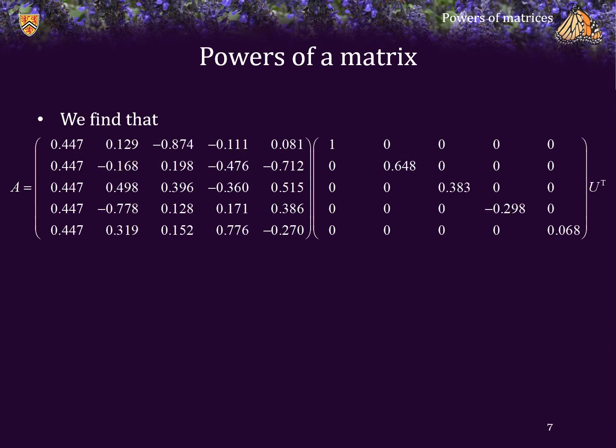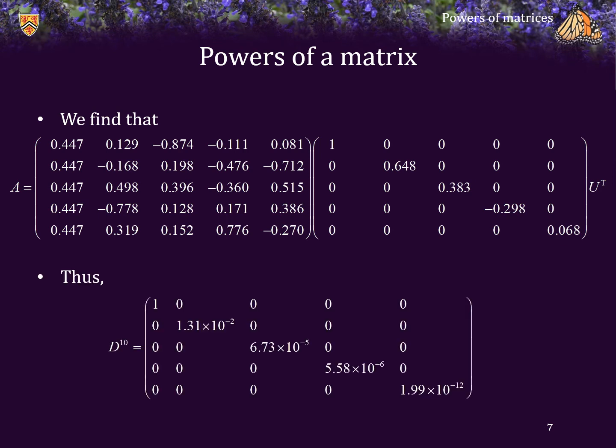Now, using an appropriate software package, whatever you're using, we can find that A is equal to this matrix of eigenvectors, a diagonal matrix where the eigenvalues are on that diagonal, all of this times the transpose of that first matrix. Of course, the transpose of the first matrix is the inverse because it must be orthogonal.